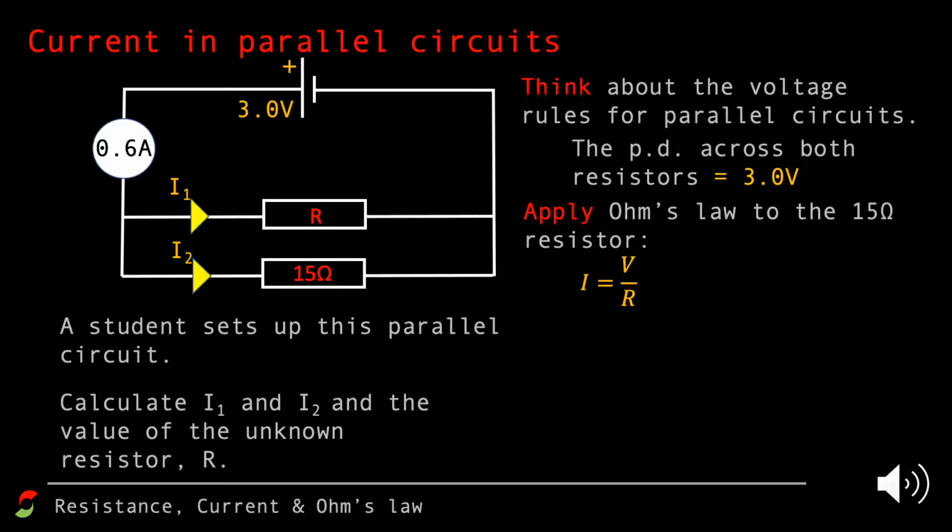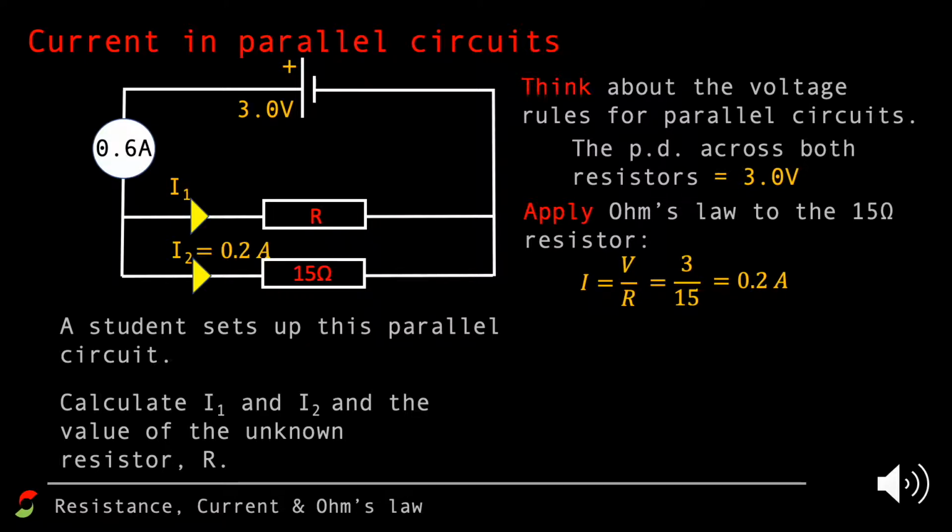We're going to be calculating I2. So the potential difference across the 15 ohm resistor is 3 volts. The resistance of the 15 ohm resistor is 15, so 3 divided by 15, and that's telling us that the current flowing through the 15 ohm resistor, i.e. I2, is 0.2 amps.